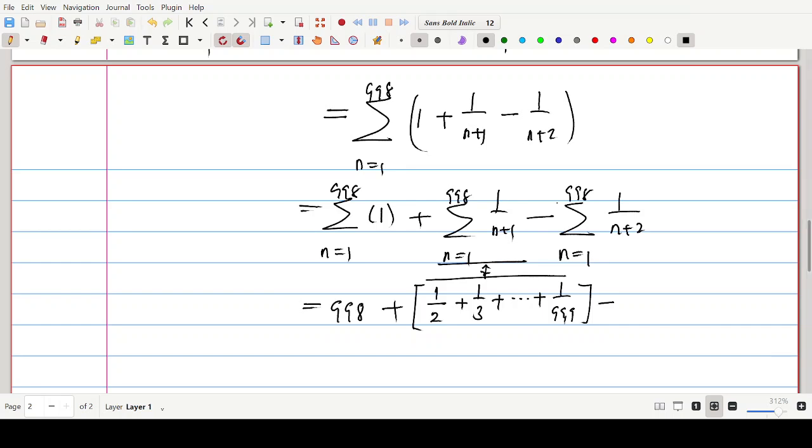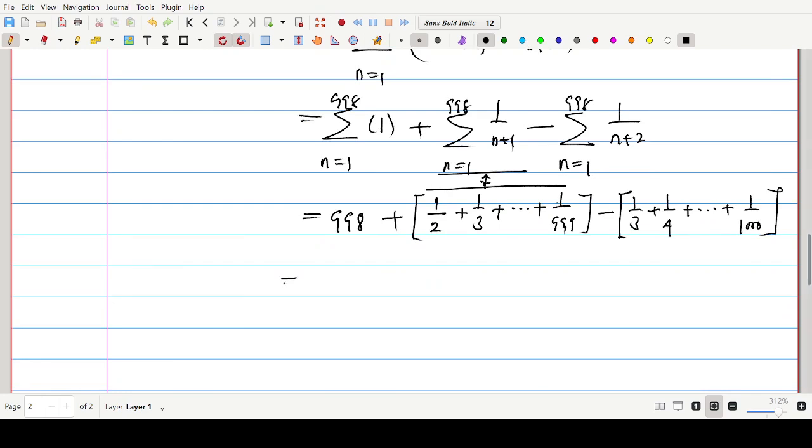All right. Then minus, the same logic you apply. So when n is 1, we'll be having 1 over 3 plus 1 over 4. It keeps on going until n assumes 998. The result will be 1 over 1000. Can you see that? Now, if you observe carefully, you see that terms will cancel out. So on expansion, we shall have our result as 998 plus. Okay, let me remove the brackets now.